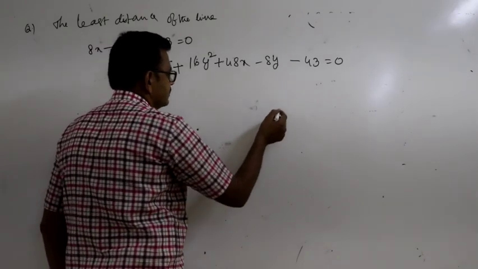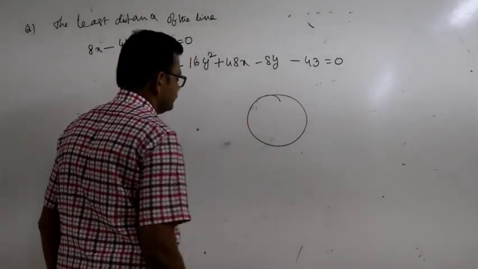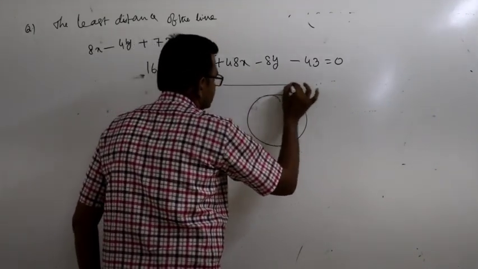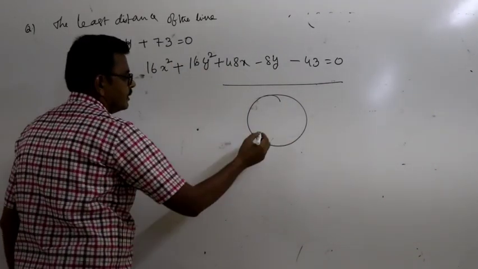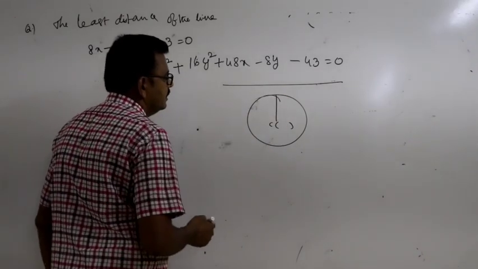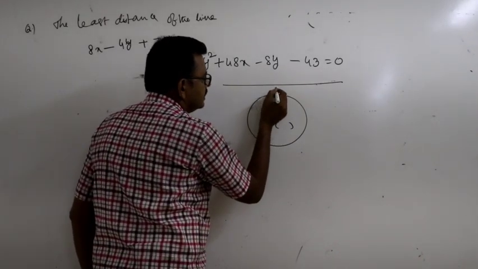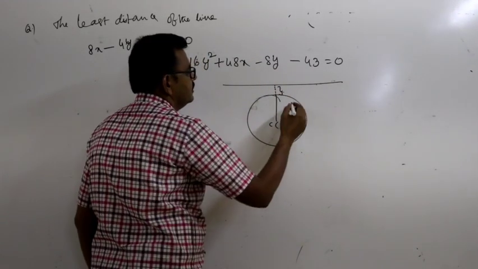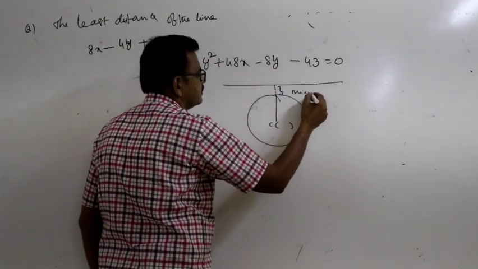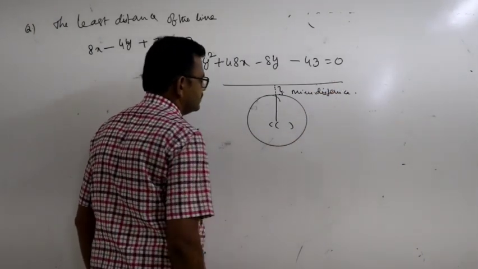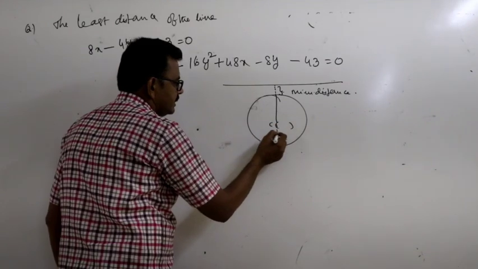Least distance. Suppose this is the line. This is the center of the circle. This is the radius. So here it is, this is the least distance. So this is the minimum distance, and this is the maximum distance.